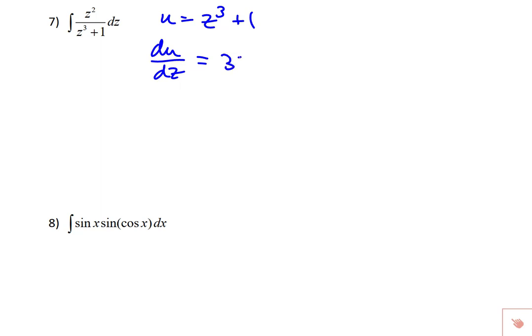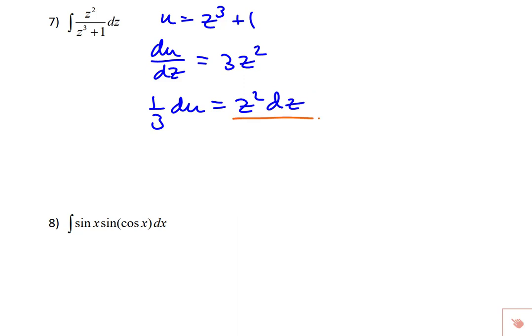Now again, notice that 3 is not part of our integrand originally, but the z squared is. So we'll go ahead and proceed with what we've been doing here, which is kind of rearranging to make it fit better. If I multiply both sides by dz and divide both sides by 3, I'll end up with 1/3 du equals z squared dz.